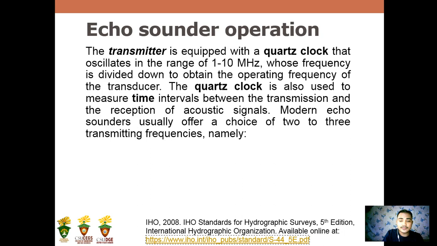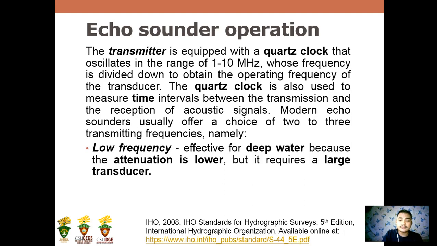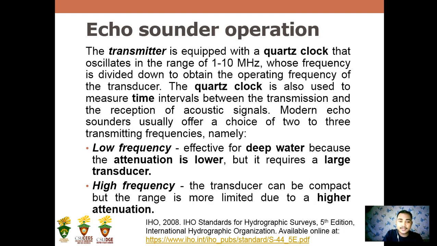The quartz clock is also used to measure the time interval between the transmission and the reception of the acoustic signals, and modern echo sounders usually offer a choice of 2 to 3 transmitting frequencies, namely the low frequency, which is very effective in deep water because the attenuation is lowered, but it requires a large transducer, and a high frequency transmitter. The transducer can be compact, but the range is more limited due to higher attenuation.